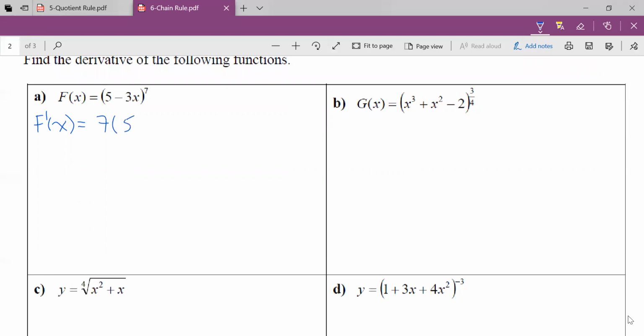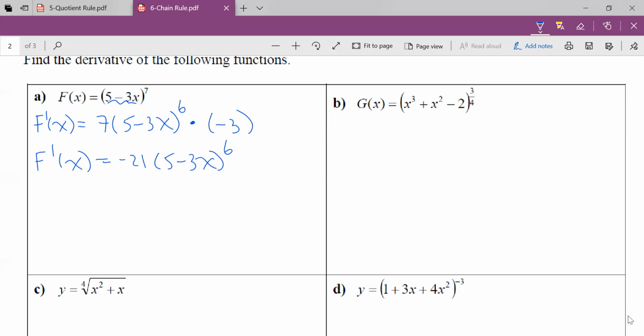So I use my power law, times the derivative of the inside. The inside function that I'm composed with, the derivative of that is minus 3. And then we simplify. So minus 21, 5 minus 3x to the power 6. So not awful. Okay, that one was okay.